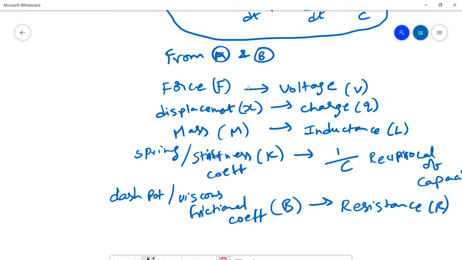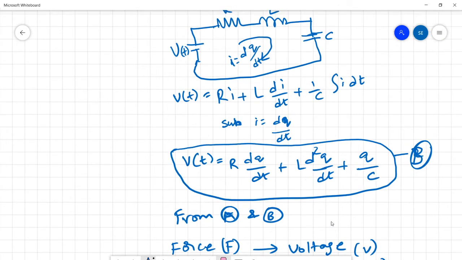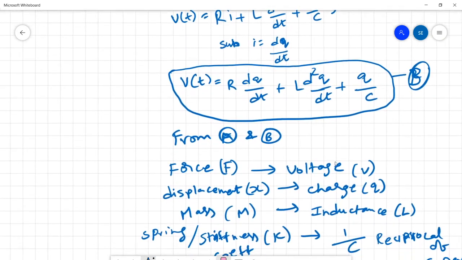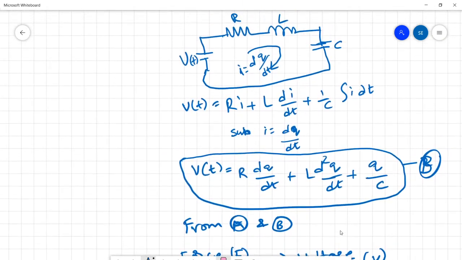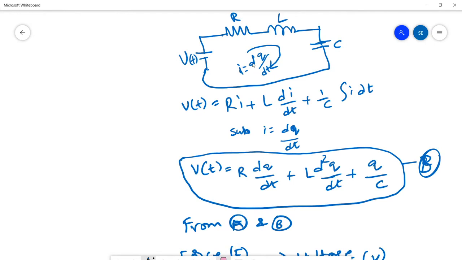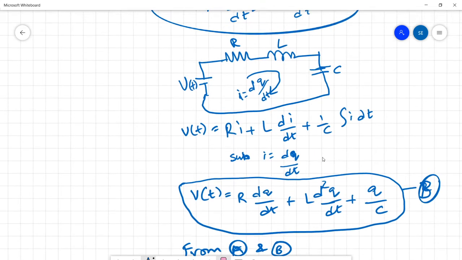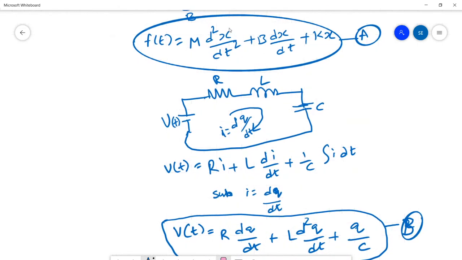And is there any other term left here? Yes, current. Current is nothing but dq by dt, where we are taking q as charge. So if you are mapping current to charge in the mechanical system, what is dx by dt?